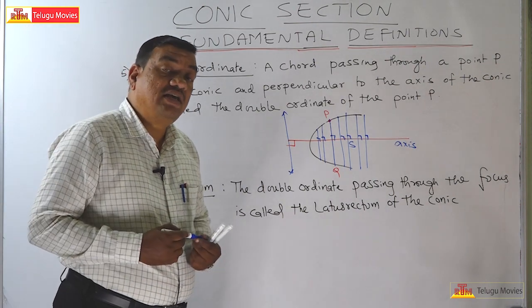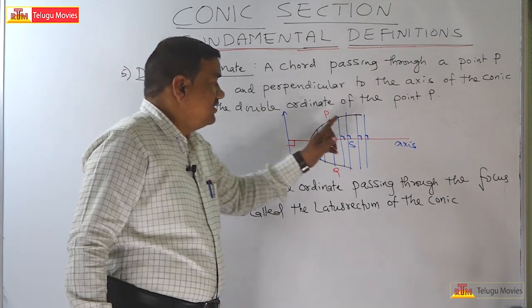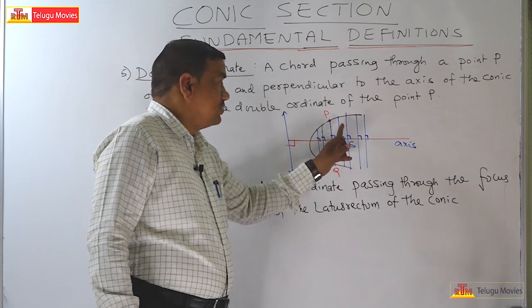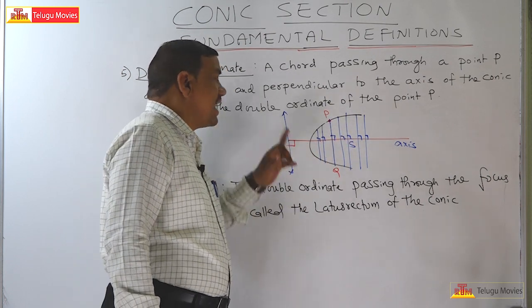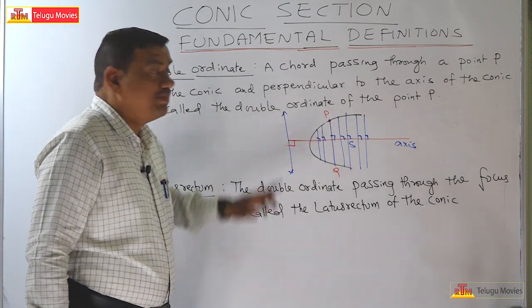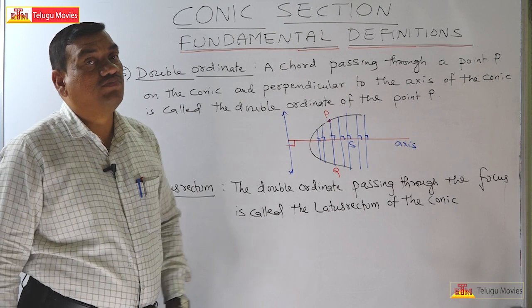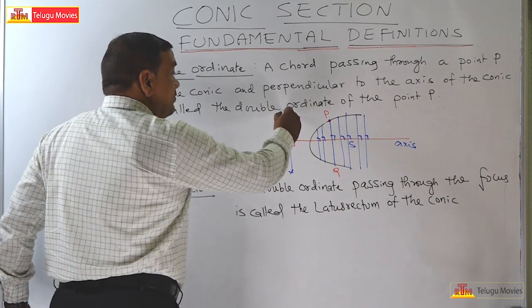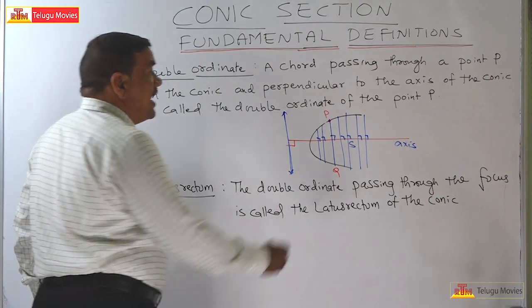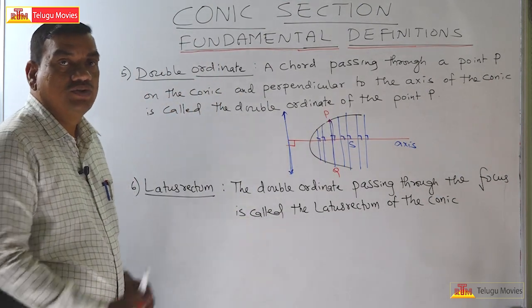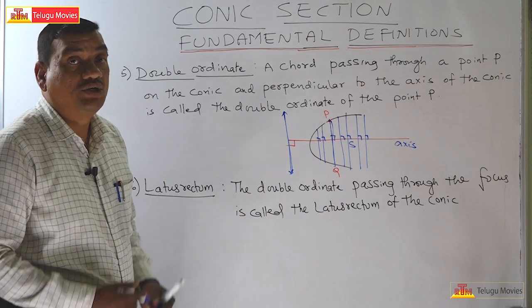And we can say one thing: when the double ordinate is perpendicular to the axis, the same double ordinate is parallel to the directrix of the conic. Remember that. That means the equations of the directrix and the double ordinate differ by a constant term, since they are parallel to each other.